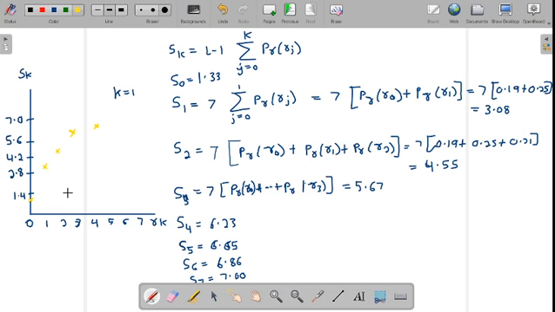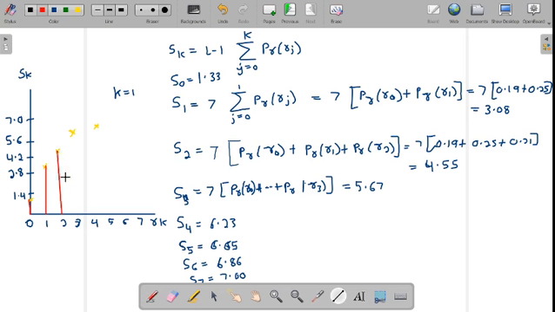So here let me draw it here. So this here is S1, it's not S1.